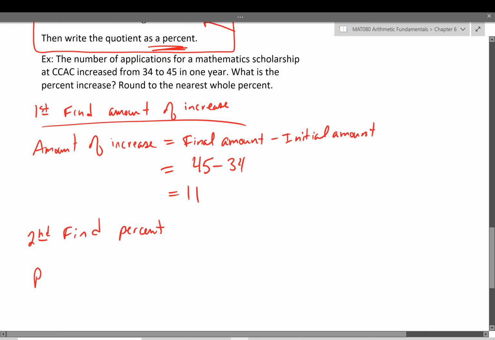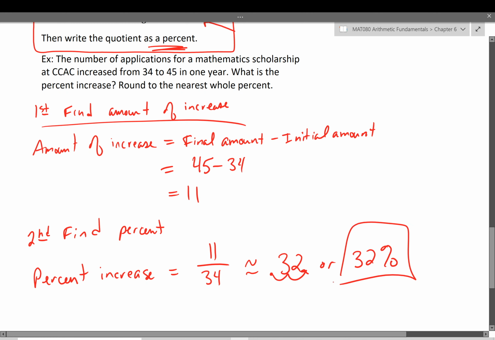The percent increase equals the amount of increase, which is 11, divided by the original amount, which is 34, and that's going to be approximately 0.32, or as a percentage, you move the decimal place 2 places to the right, 32%.